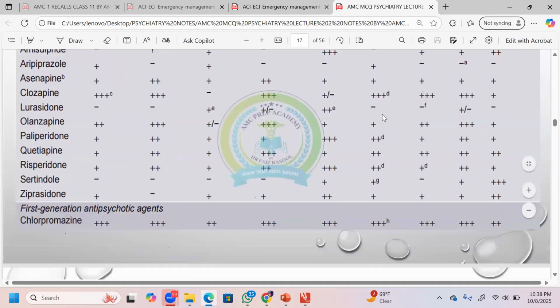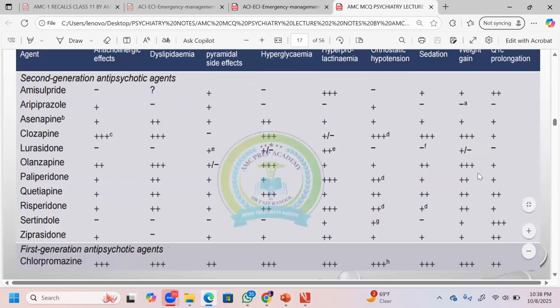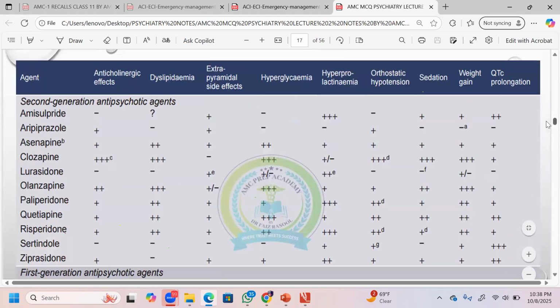Okay, doctors. See here, this is an important chart for how you can memorize the side effects of typical and atypical antipsychotics. These are all the drug classifications. Firstly, we will talk about risperidone.